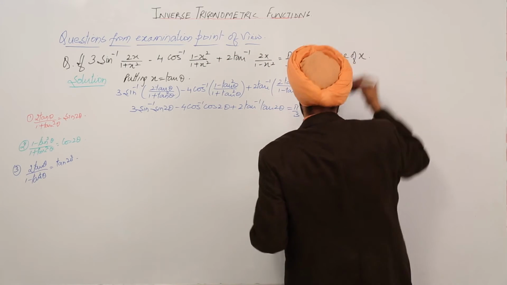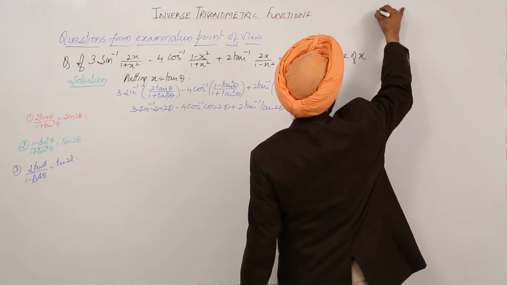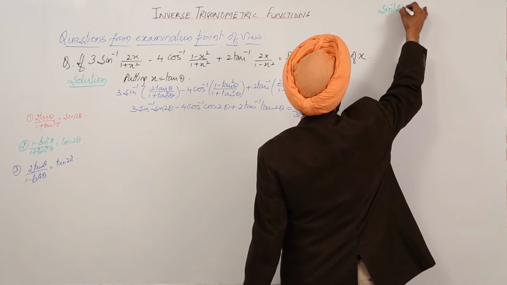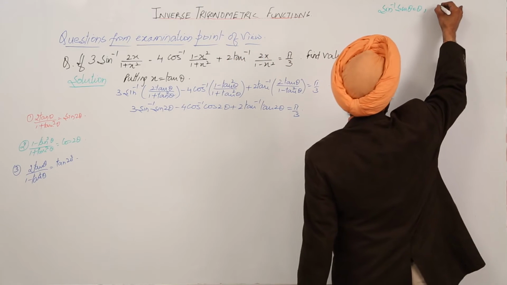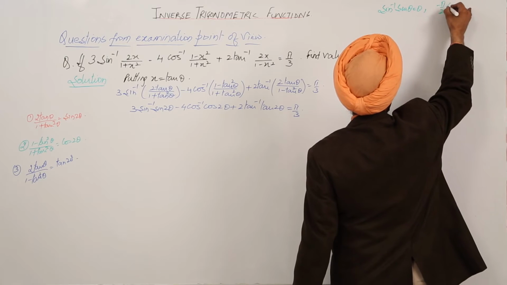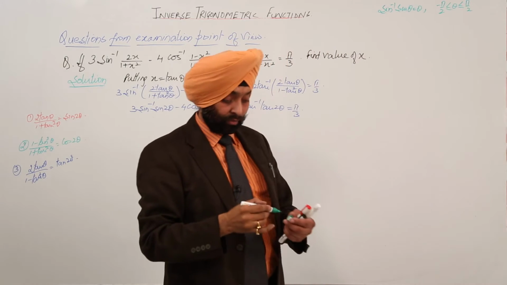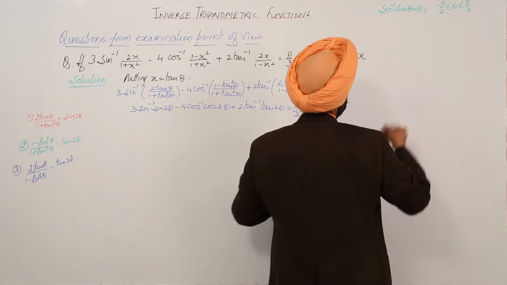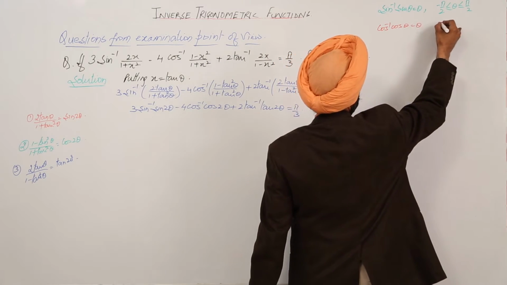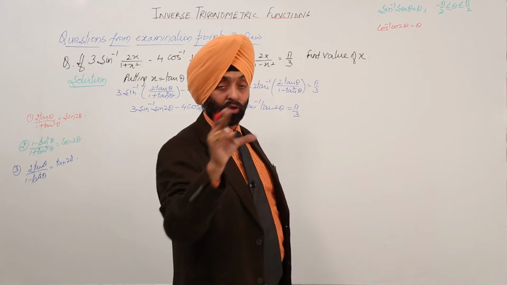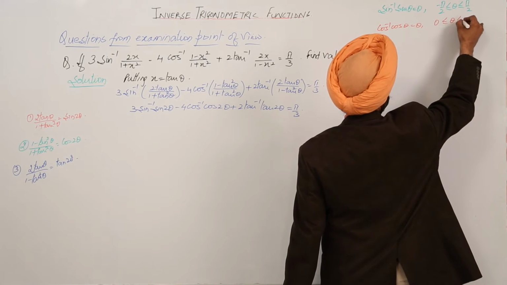Now if we go for the formulas part, sin inverse sin theta is equal to theta, where theta lies in minus pi by 2 is less than or equal to theta is less than or equal to pi by 2. For cos inverse cos theta is equal to theta, where theta is from 0 to pi with closed intervals, so 0 is less than or equal to theta is less than or equal to pi.